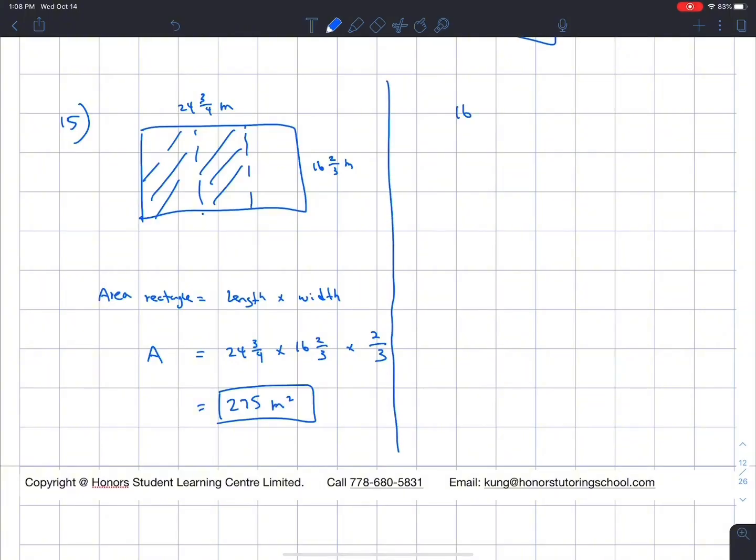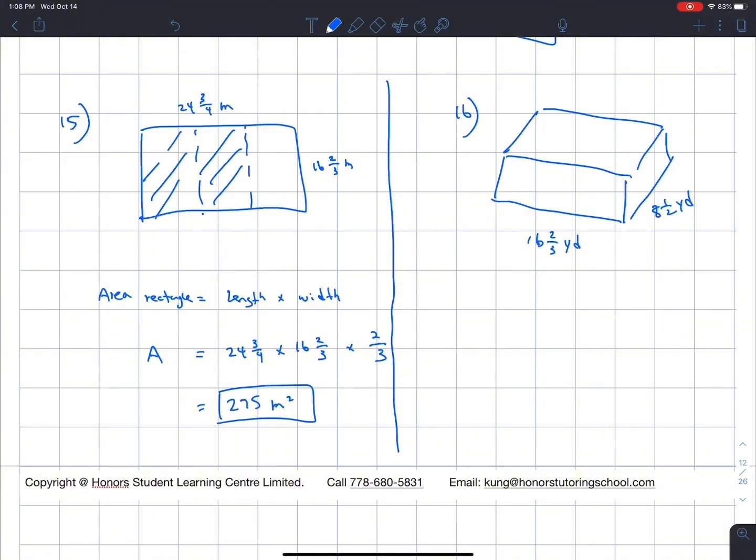16. Rectangular pool is 16 and 2/3 yard long and 8.5 yard wide.